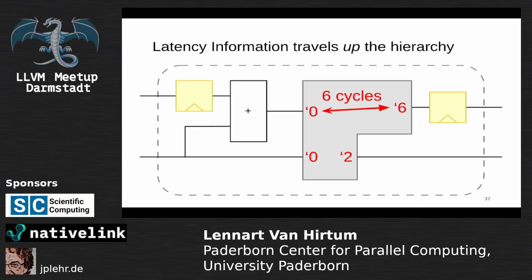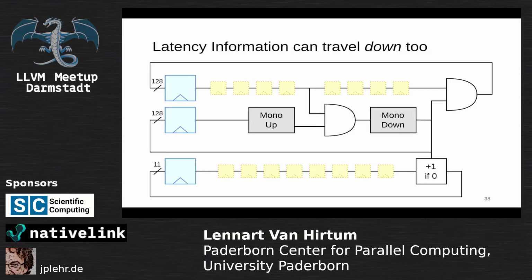And just to remind you, this says there's a latency of 6 cycles between the 0 and the 6 port. And from the information of the latency counts of all of its submodules, it can then compute the latency count for the outer modules. In effect, latency information is traveling up the hierarchy from submodules to higher modules.